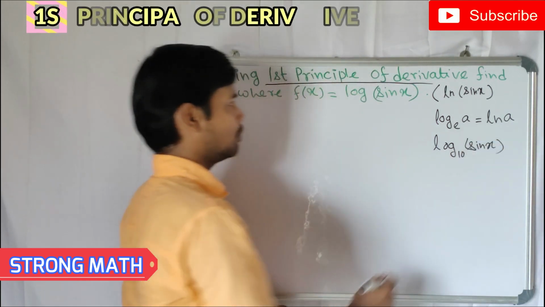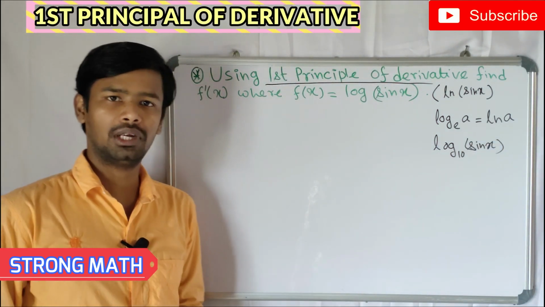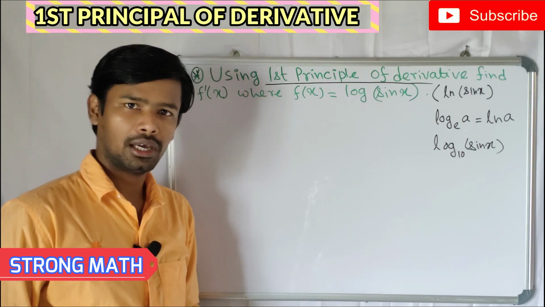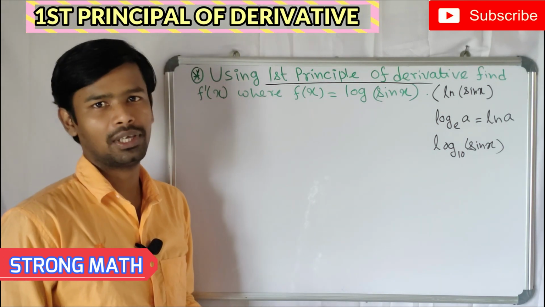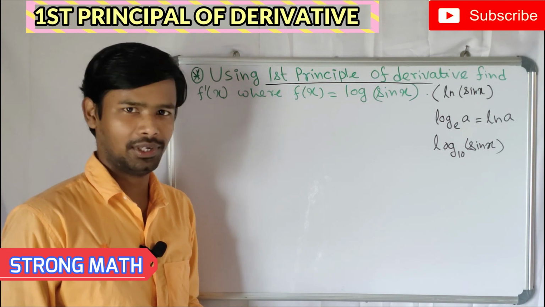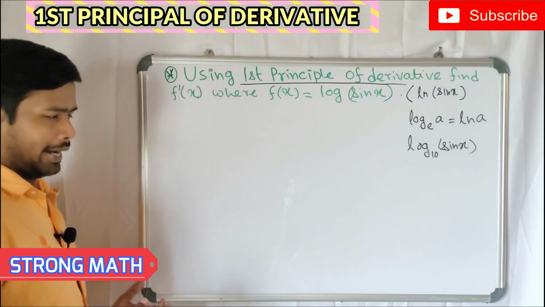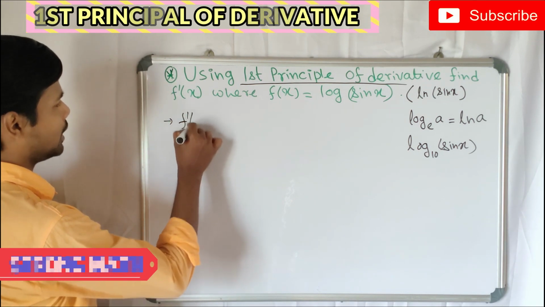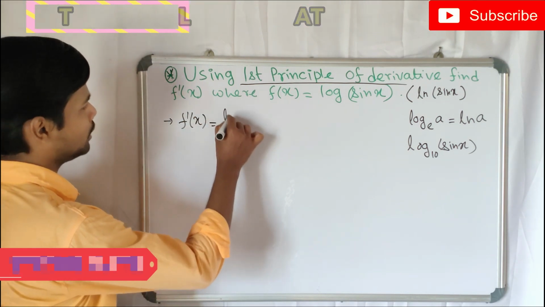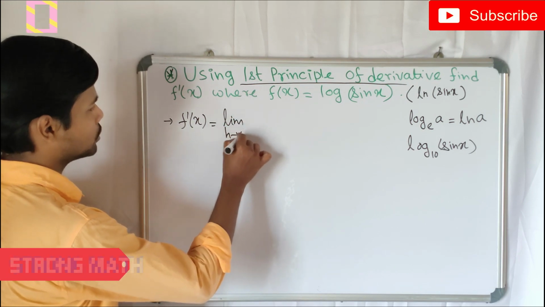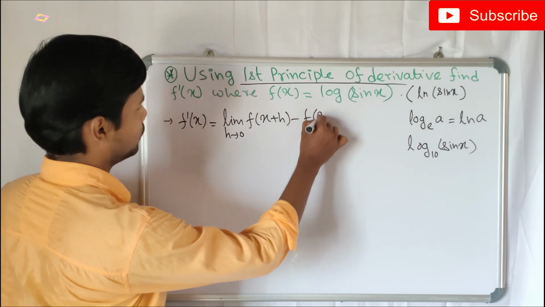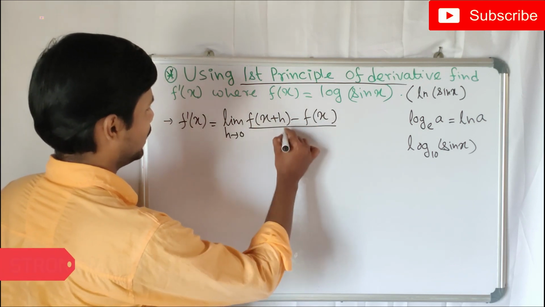So let's find, by applying the first principle of derivative, the derivative of log of sin x. Watch the video very carefully till the end. Don't skip the video. At first let's write the first principle. f'(x) equals limit h tends to 0 of f(x+h) minus f(x) divided by h.